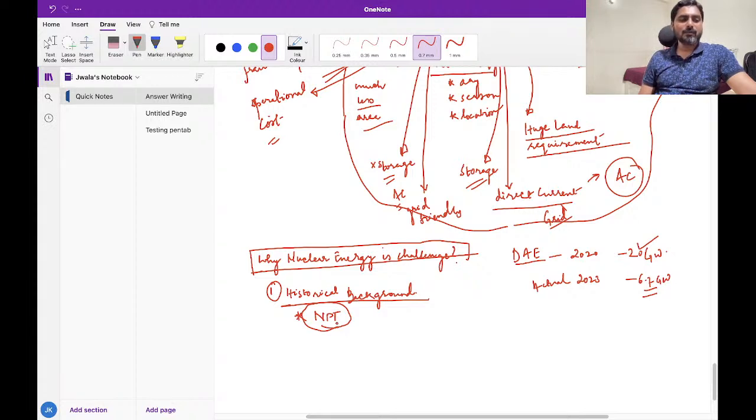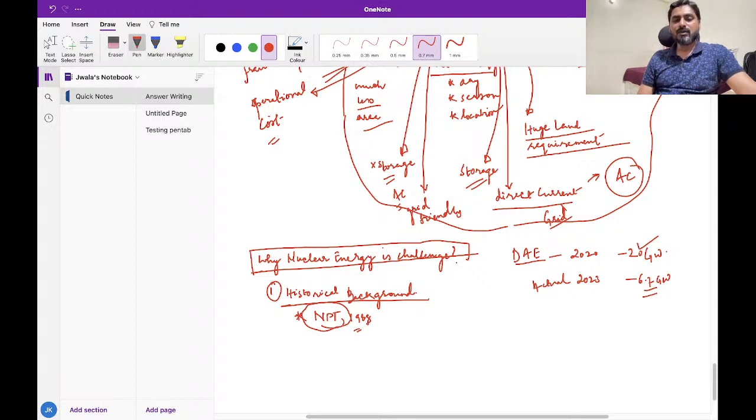This is a story from 1968. India said that it will not join NPT because NPT is a discriminatory treaty. You are saying that these five P5 countries can have nuclear weapons, but other countries cannot. India said this is a discriminatory treaty and will not join.